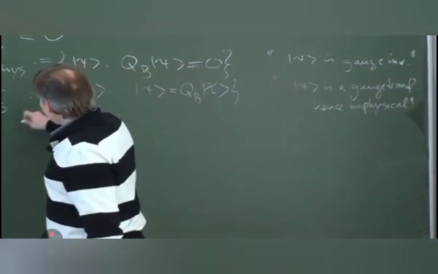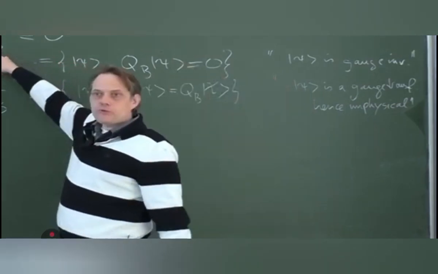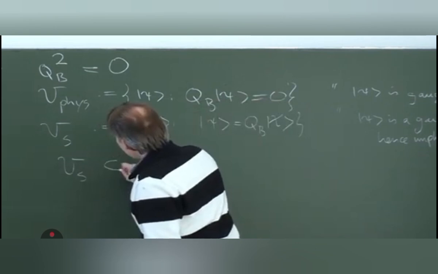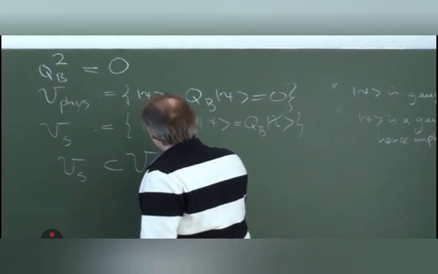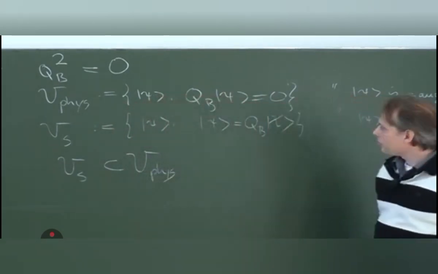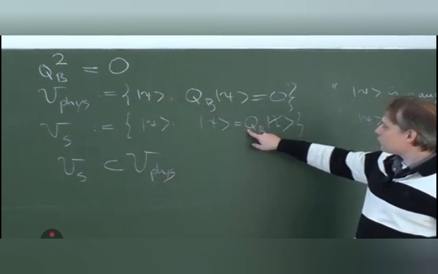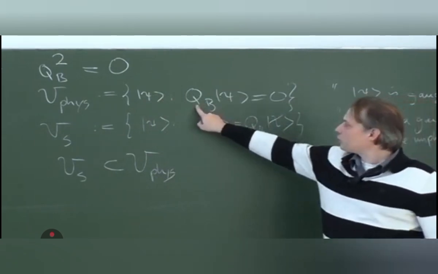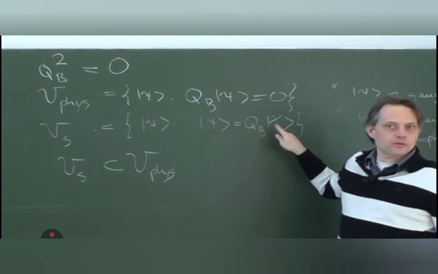And because this QB squared is 0, it's clear that this Vs is now also a subspace of that V physical. Because whenever a state is a QB transformation of some other state, if you act on it with another QB, you get QB squared and you get 0.